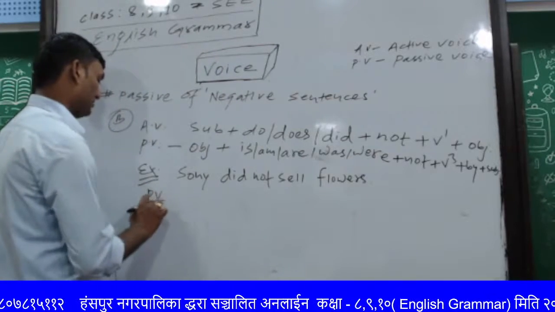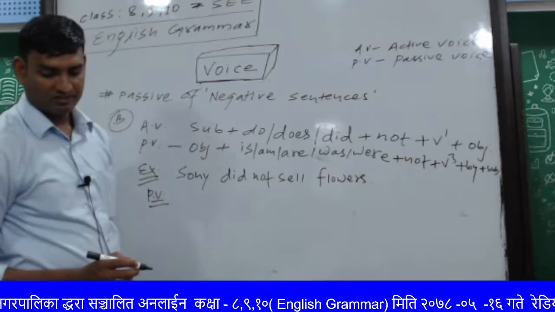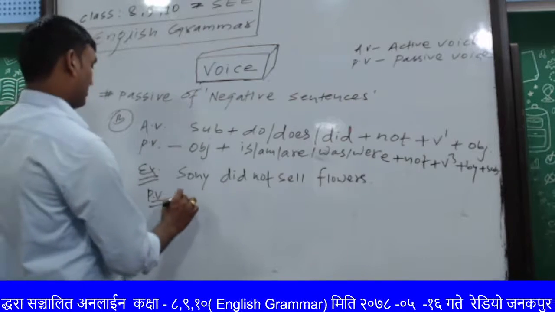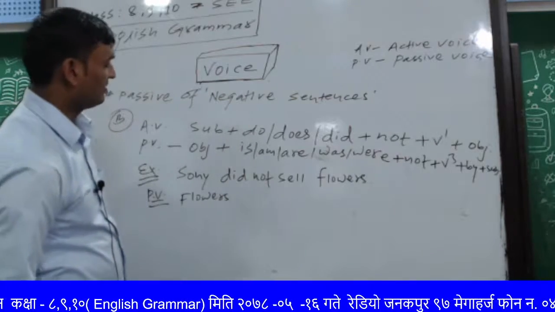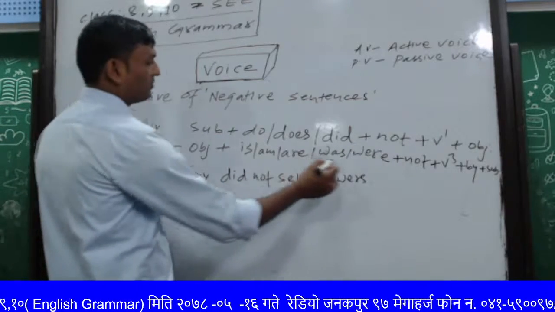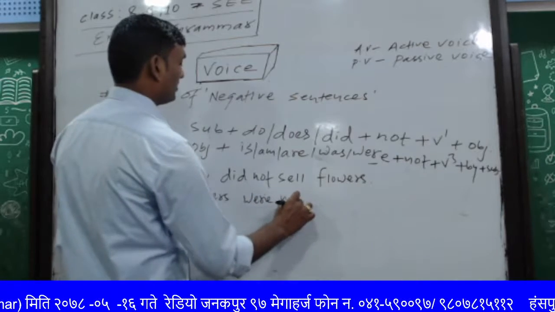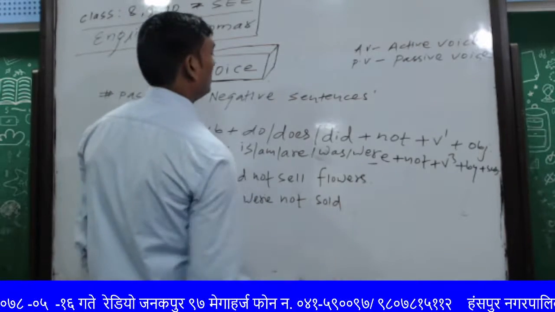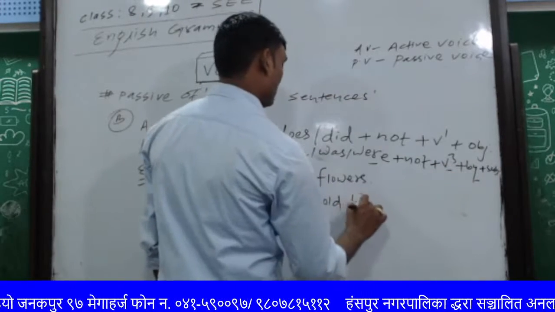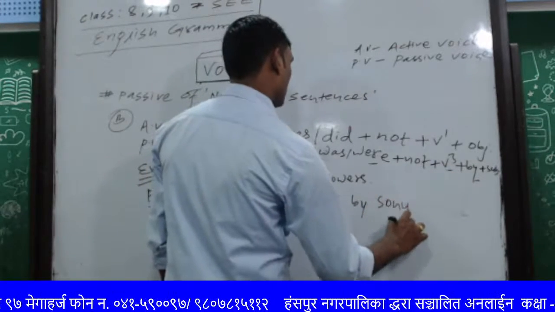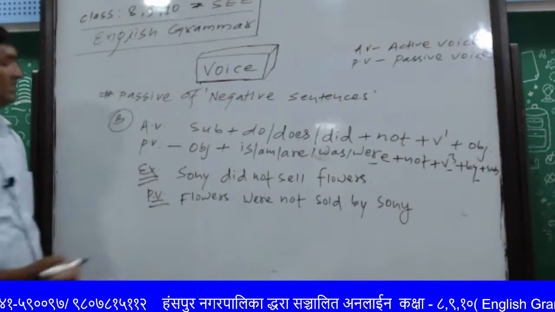The passive of this sentence: the object is flowers, and flowers is a plural noun, so it takes a plural verb. It means flowers were not sold. Then not, then V3, then by: sold by Sony. In this way we can change.